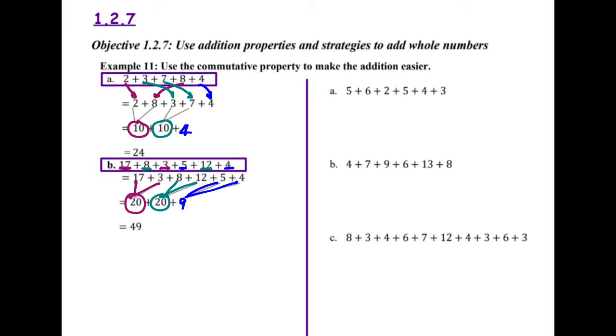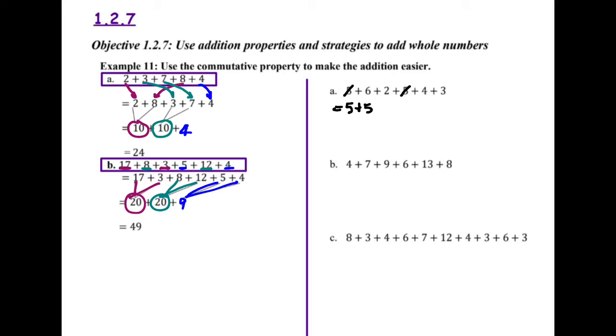Okay, so let's do yours. Hopefully you've already done them, and you've turned it back on, and here we go. Okay, so let's figure out which ones go together easily. I'm going to say 5 goes with the other 5. And I like to cross them out so that I don't skip any or I don't use any twice.